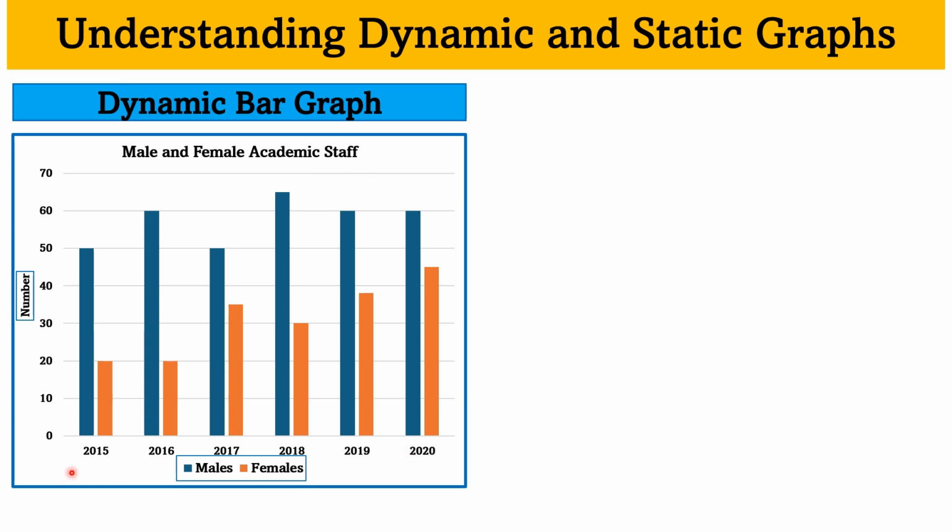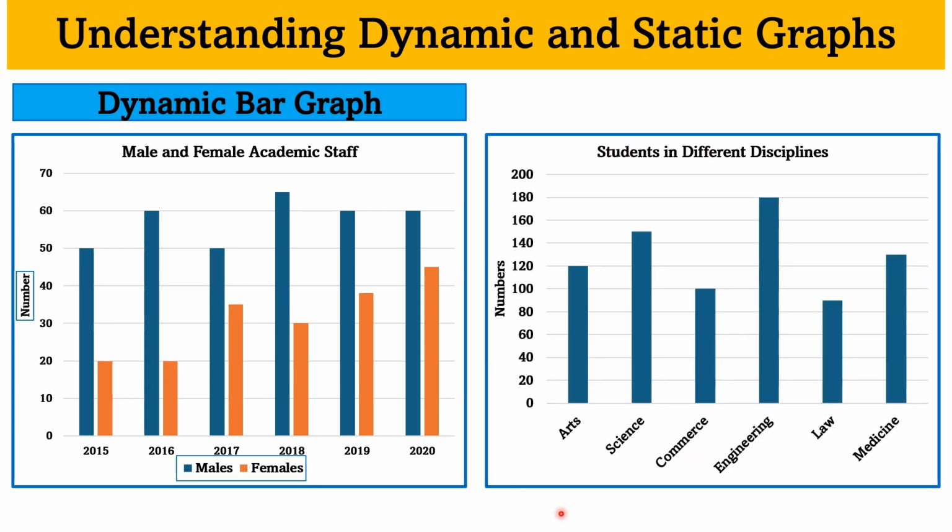What's happening here? What do you see changing here? Yes, the numbers change year by year. This is exactly what we call dynamic data, because it shows how something changes over time. In this case, we can track how the number of male and female staff went up or down from year to year.